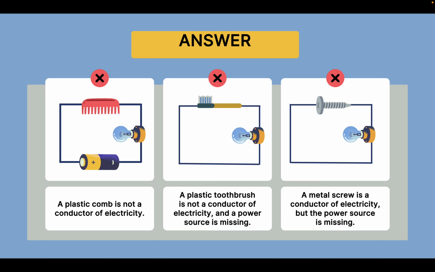As a result, electricity will not flow. In the second picture, the plastic toothbrush is not a conductor of electricity. And of course, the power source is missing. For letter C, they might be thinking of the metal screw. And a metal screw is a conductor of electricity, but if you observe, the power source is missing. So none of the circuits will work.